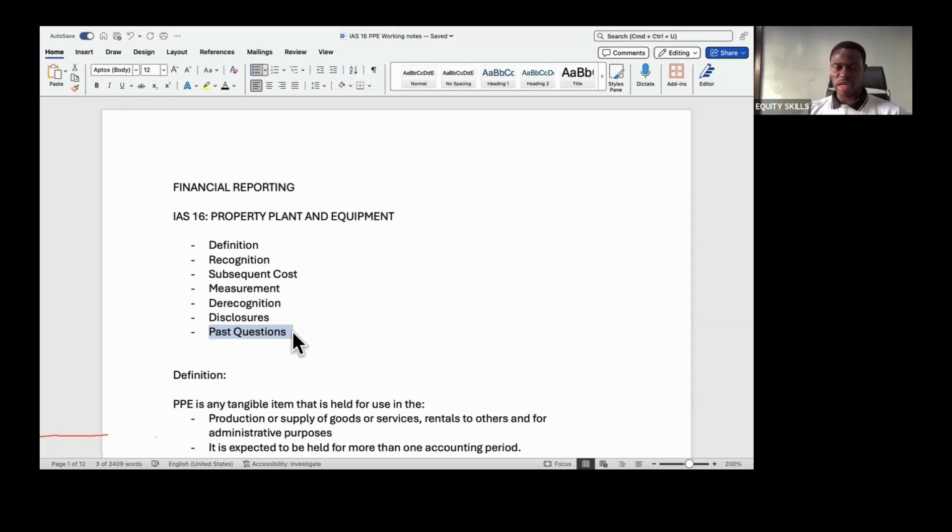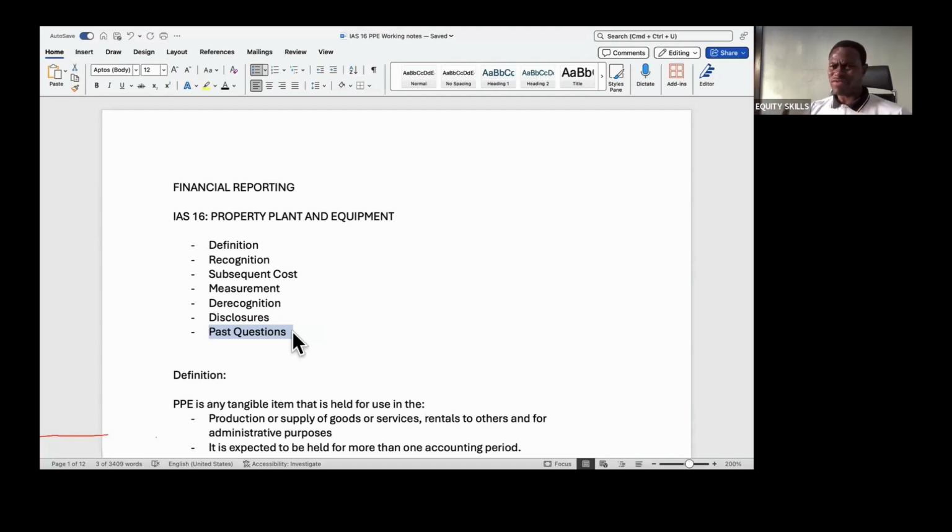For the cost model, it's basically cost minus accumulated depreciation minus accumulated impairment losses, which will give us the carrying amount under the cost model. And under the revaluation model, it is fair value or revalued amount minus subsequent accumulated depreciation minus accumulated impairment losses. That will also give us the carrying amount under the revaluation model.